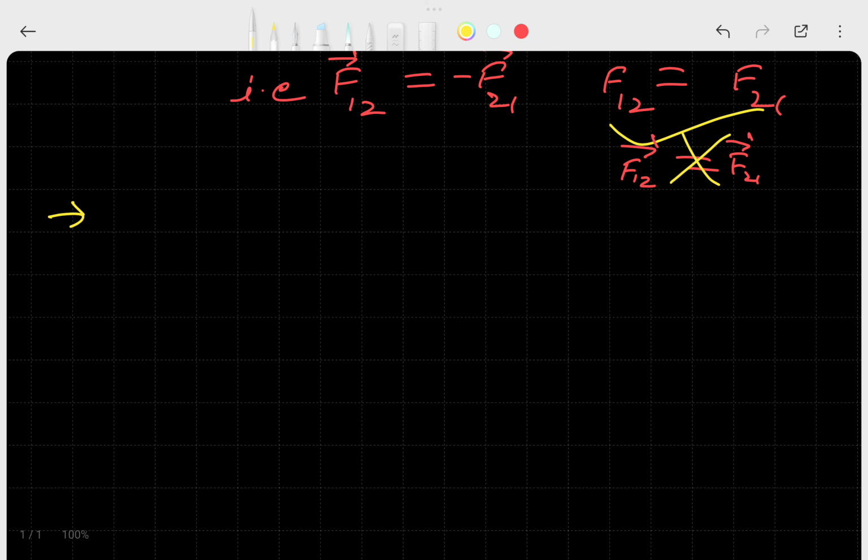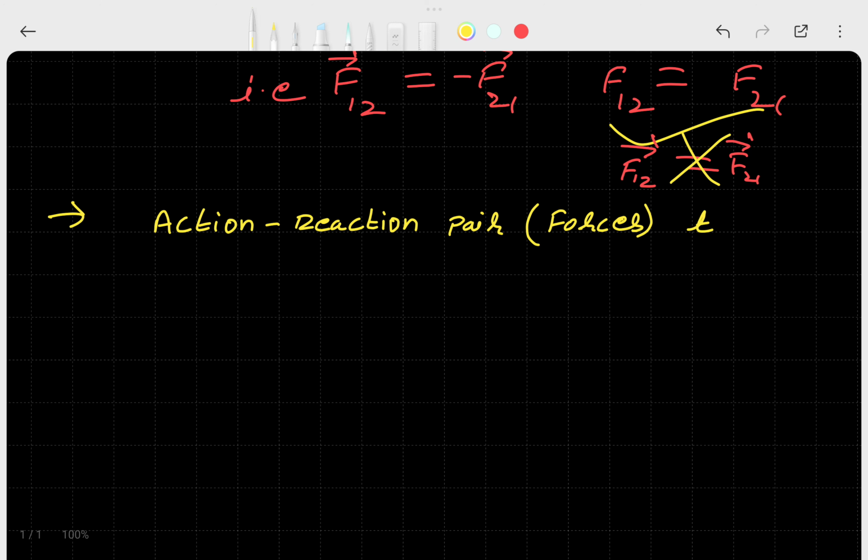One case is this: the action reaction pair, the two forces, exist together at the same time.